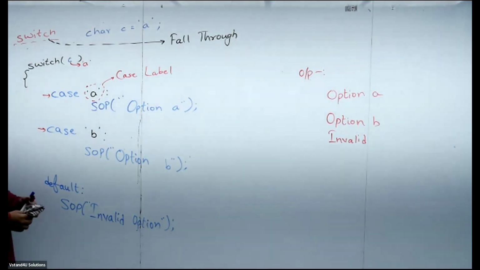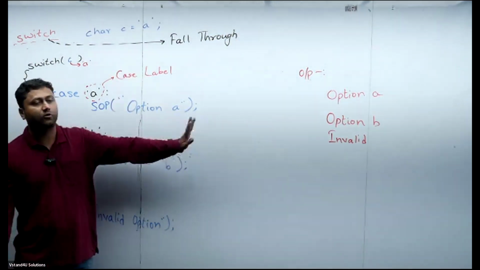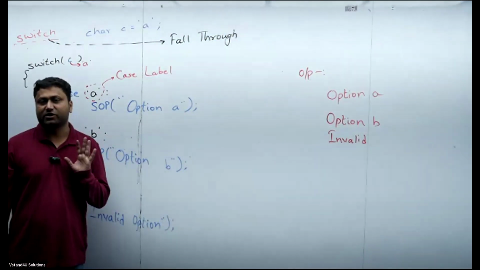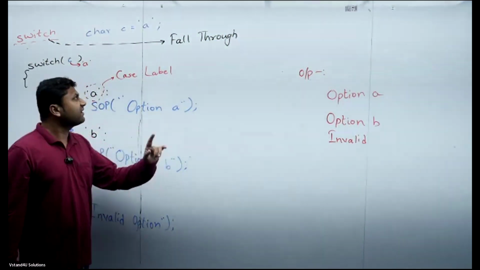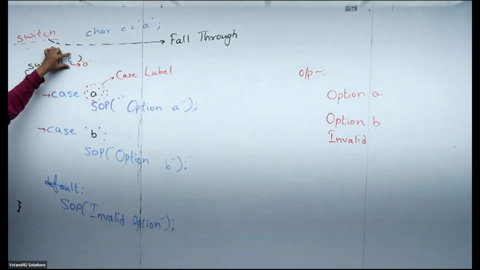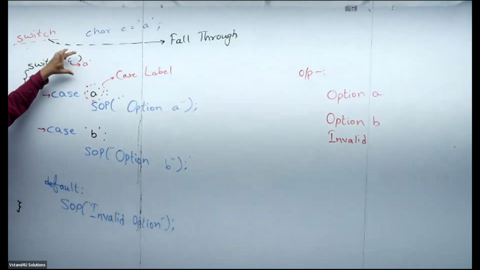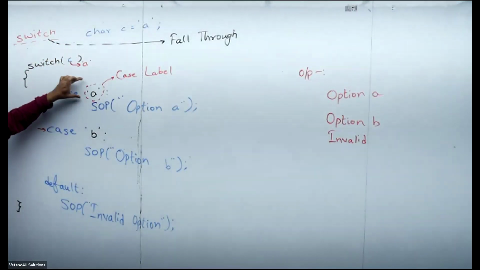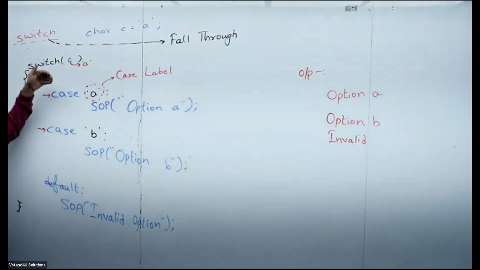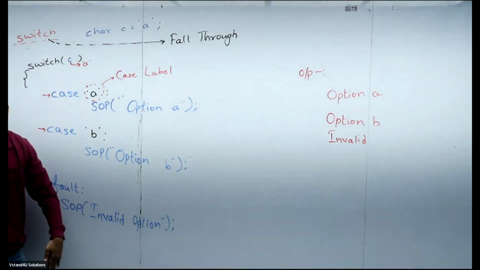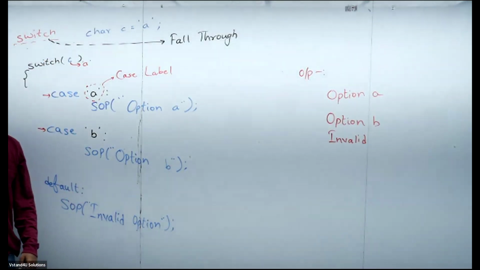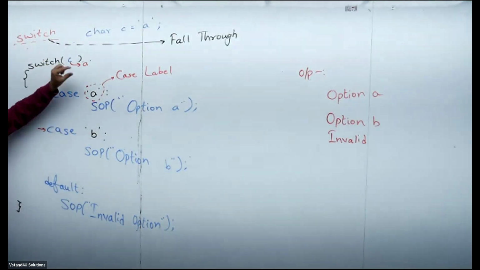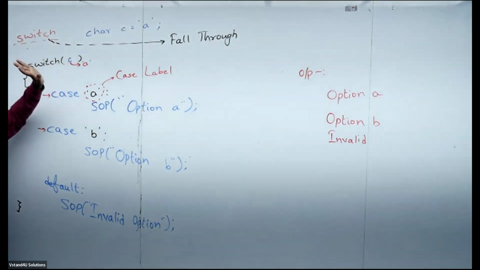First, focus on how it is working and why this output is coming. Switch says, whatever value you pass as an argument to me, that value, not the variable, I will compare with every case label sequentially, top to bottom.